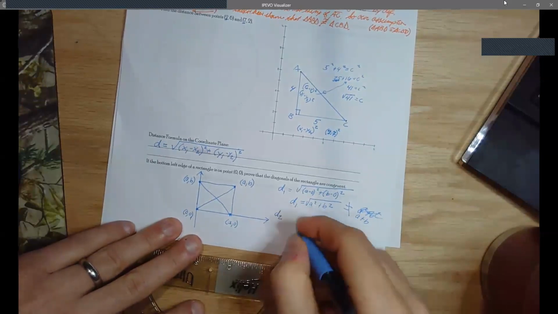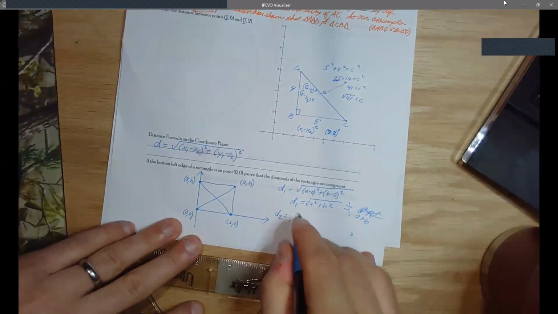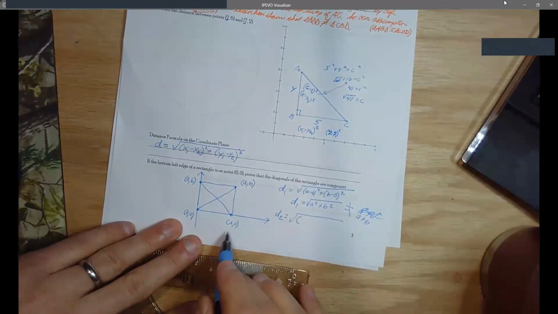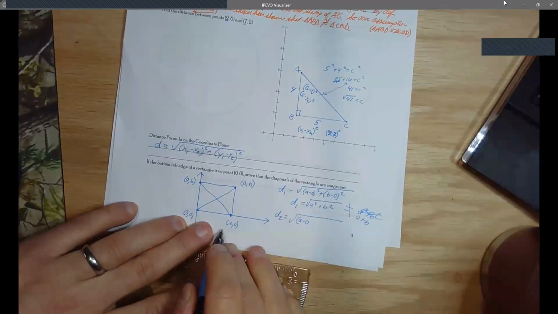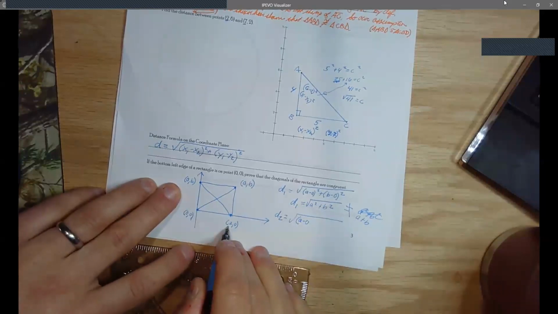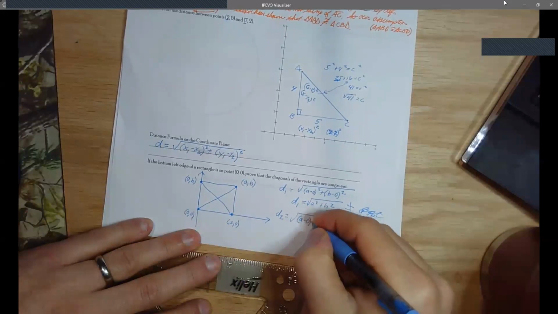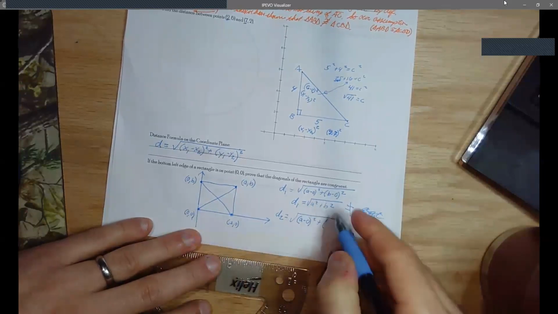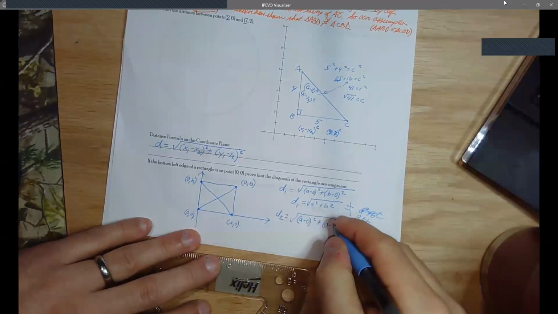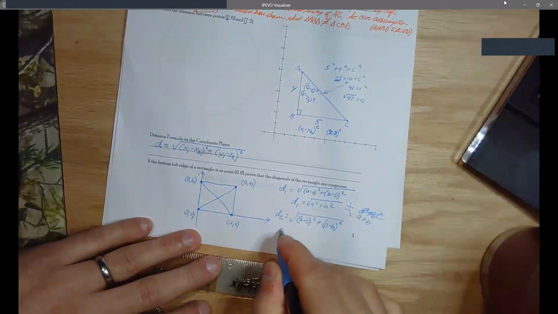So diagonal 2 now, over here, change in x's again, x1 minus x2, so it's a minus 0 again. And same thing with y's, we get b minus 0. And like I said, you could do 0 minus b if you want, but when you square it, it's not going to make a difference.